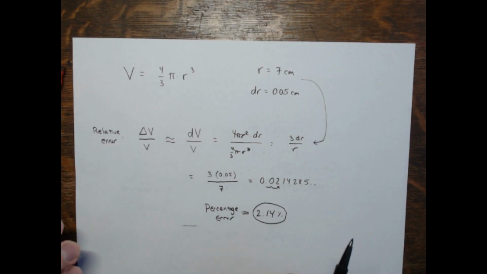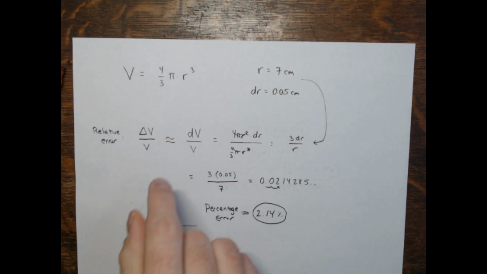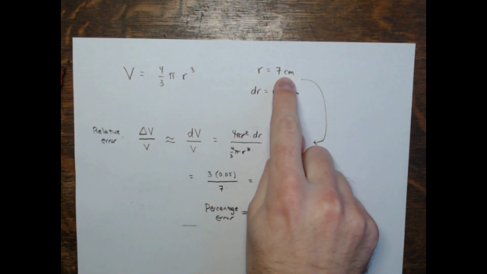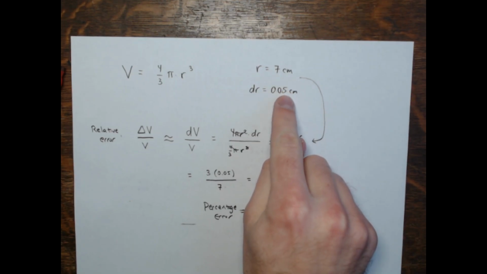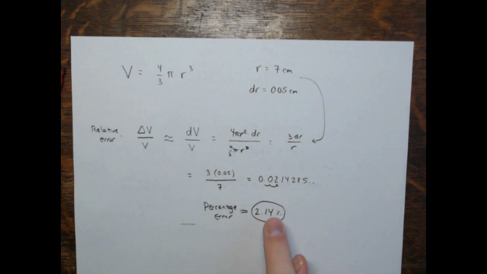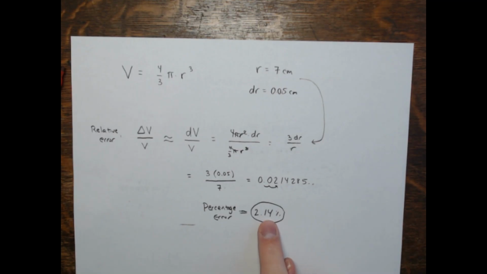There's our approximate percentage error. So again, my initial radius 7. If I were to increase or decrease that by 0.05 centimeters, this is saying I would expect the volume of the sphere to either increase or decrease by 2.14% of the original.